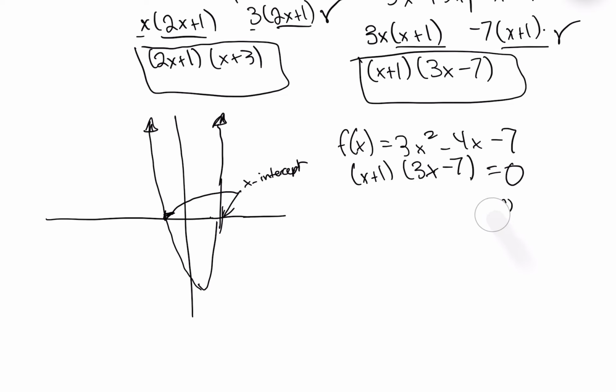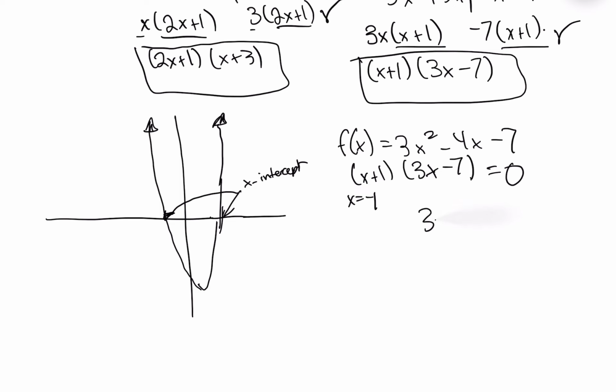So we need to find two x values which will produce a 0. So what we do, we just move this here, x plus 1 equals 0. An x value that could satisfy this is negative 1. So when x is equal to negative 1, this part is equal to 0.